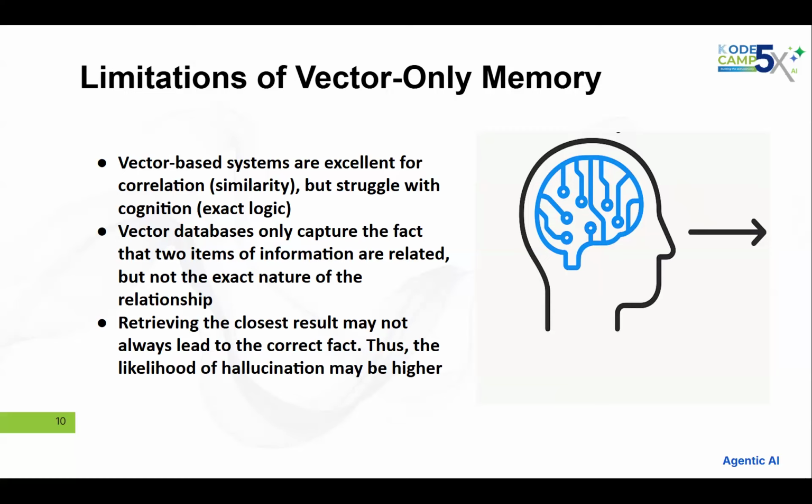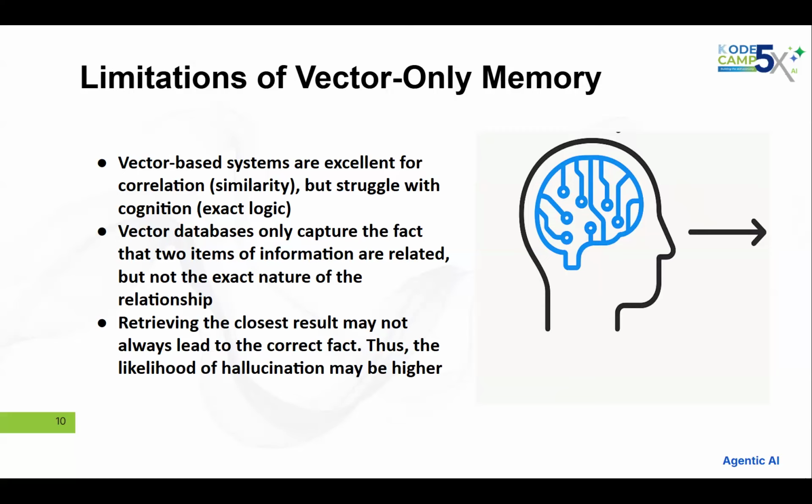Now, with vector-based systems, you could have a fact that orange is similar to tangerine, and another fact that orange is similar to lemon. But if you don't have the fact that tangerine is similar to lemon, the vector-based memory does not lend itself to discovering this relationship that is not explicitly captured.